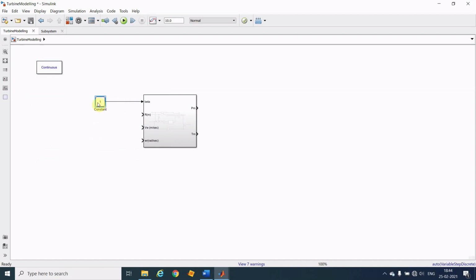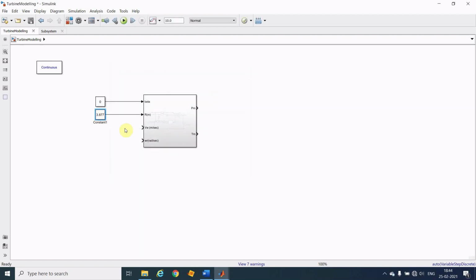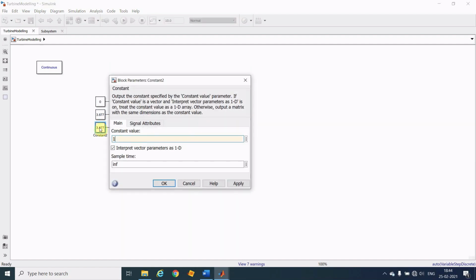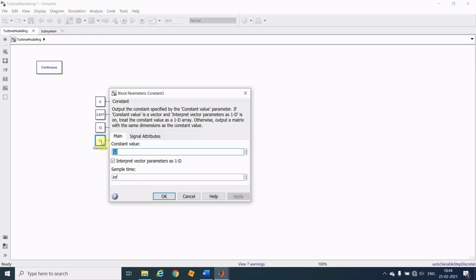Beta we have considered 0 for the optimal value of CP, and the calculated value of the radius is 3.877, and wind speed we have taken is 12 meter per second, and the calculated nominal generator speed is 25.07.